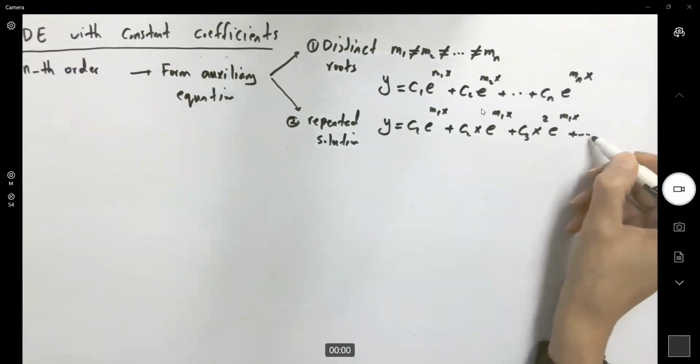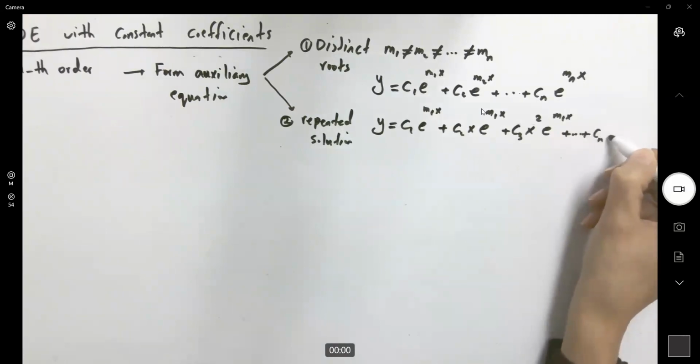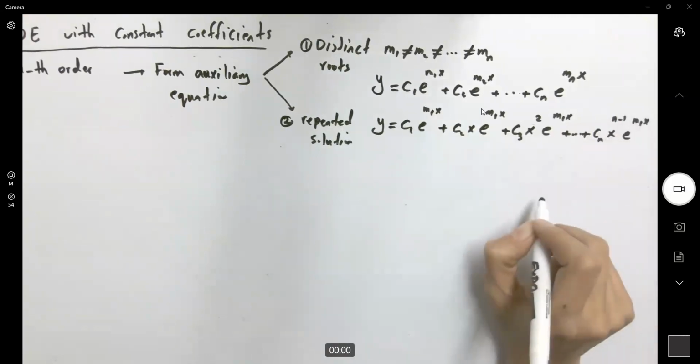The last term can be written, let me move this a little bit, cn x^(n-1) e^(m1x).